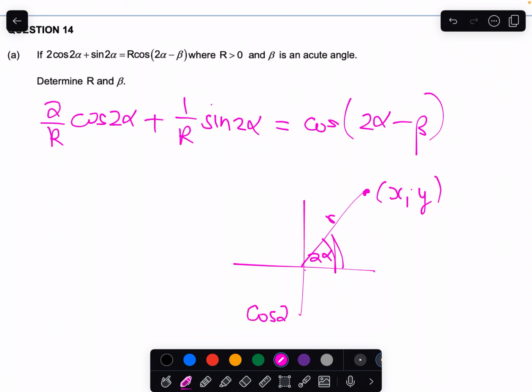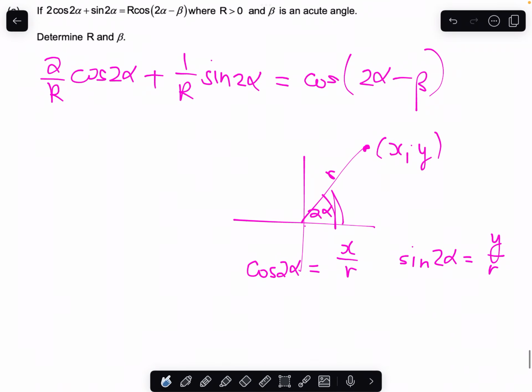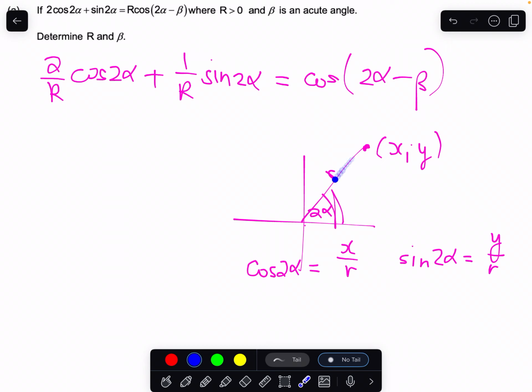So cos 2 alpha is x over r, and sine 2 alpha is y over r. I don't understand x squared plus y squared. I mean, it's to do with that little triangle for sure, but how do we know what is 2, what is 1?